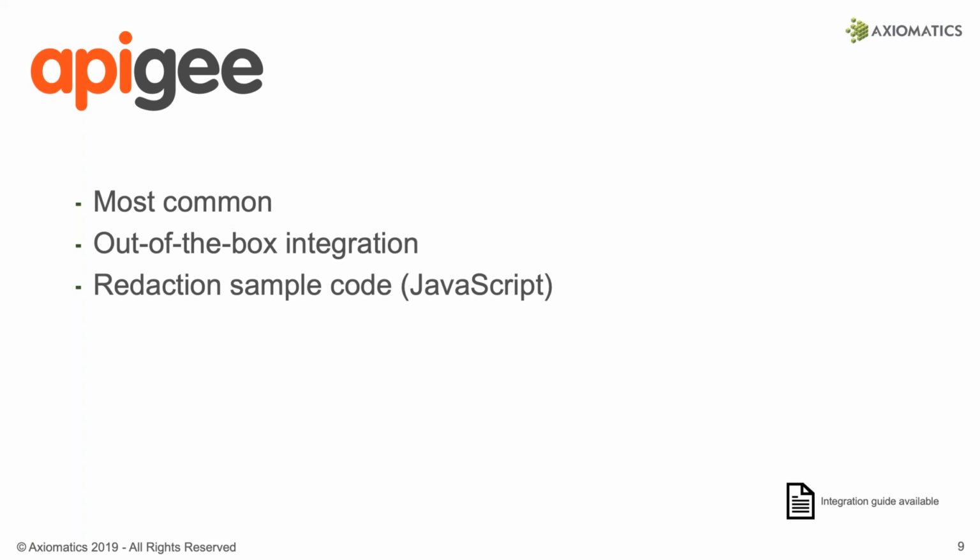It's essentially a way of modifying the backend API payload that you're requesting and redacting that based on the policy. And we'll go into detail on that. But to integrate the two, Apigee and Axiomatics, there's no specific code that needs to be done in order for Apigee to call Axiomatics.